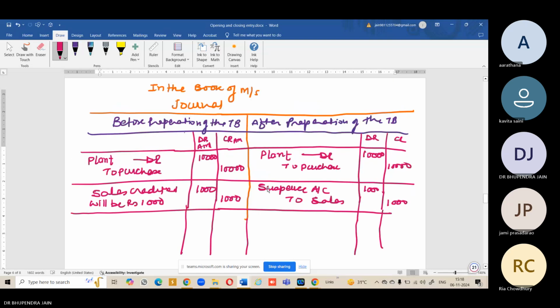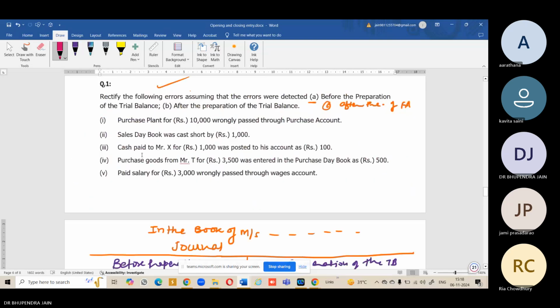Next. Cash paid to Mr. X for rupees 1000, but posted to his account is rupees 100. A single side error. You have paid the cash rupees 1000, but you have entered wrongly in the account of Mr. X only rupees 100.